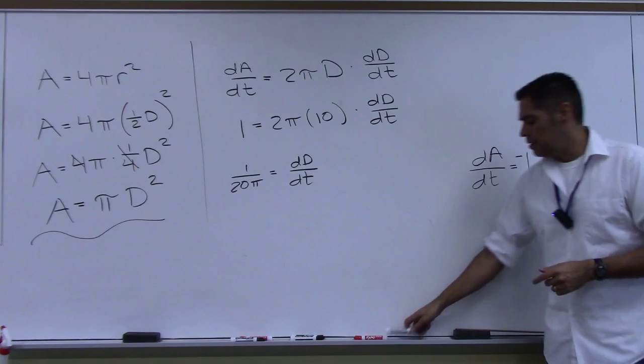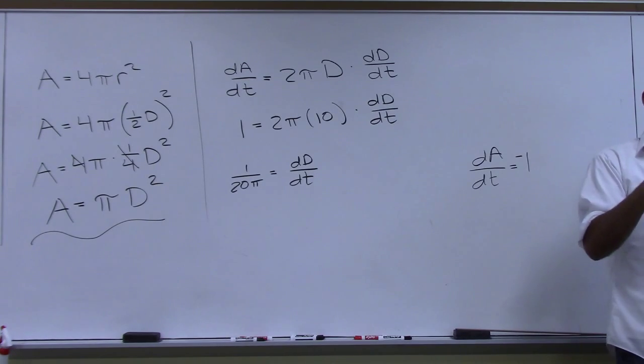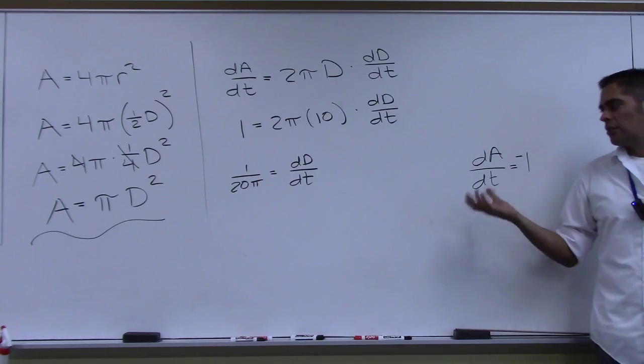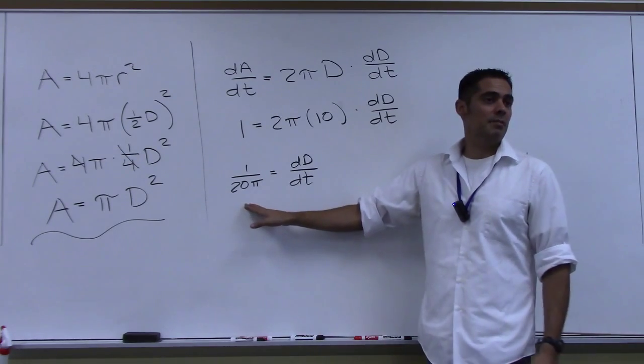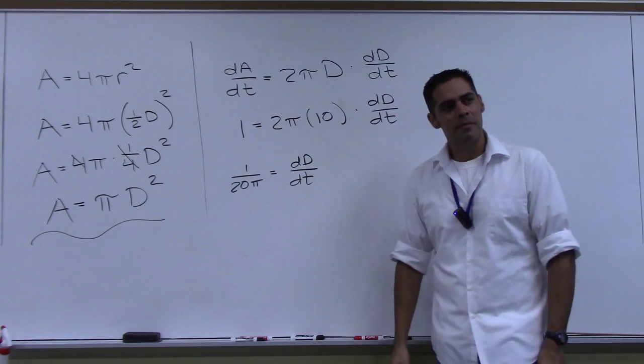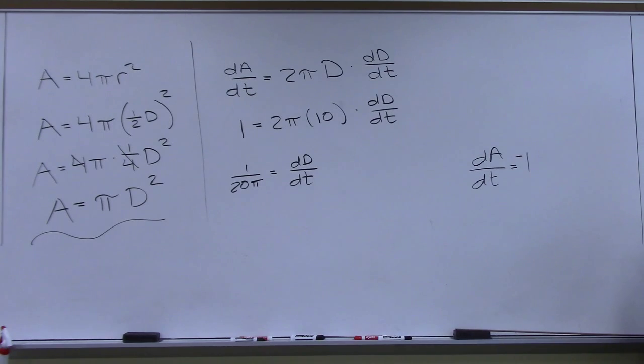Remember I said on these related rates, sometimes you're going to get the same answer if the snowball was growing or shrinking at that same rate. You're going to get the same answer at that instant in time, regardless of if it's growing or shrinking. So this is the correct rate of change, just a matter of positive growth, and negative would be shrink. So 1 over 20 pi on a test would be fine. If you didn't put negative, I wouldn't take off anything for that.